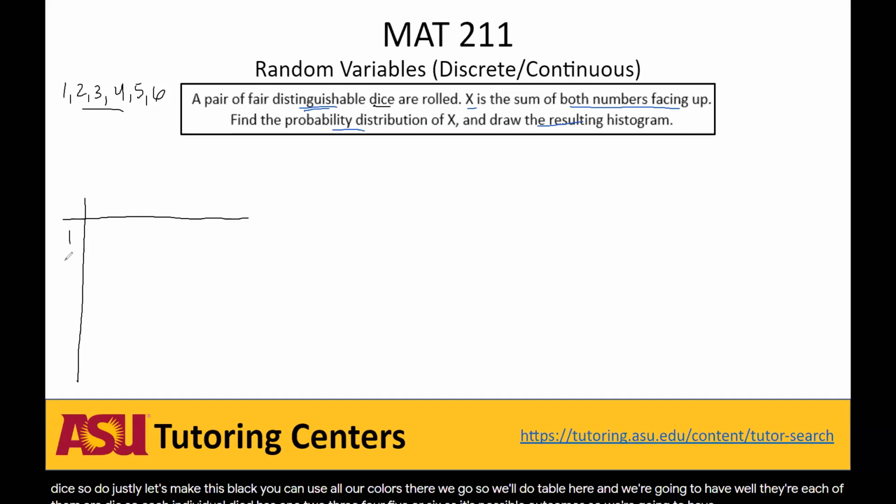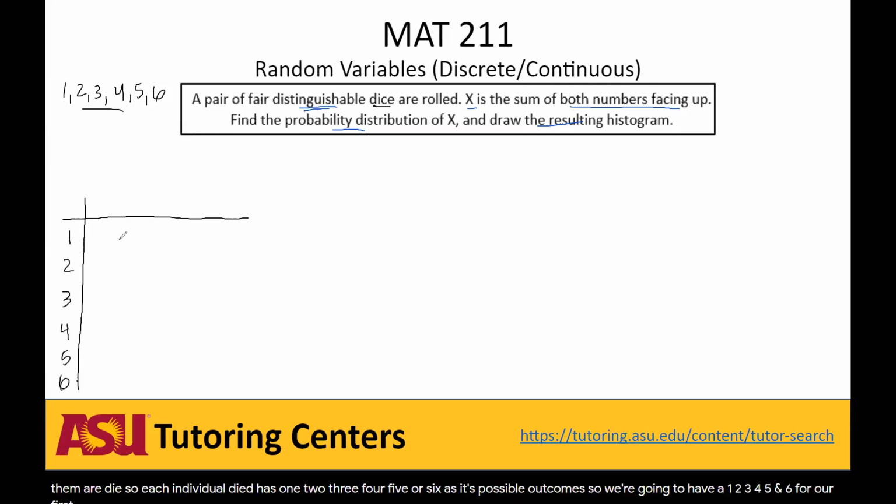So we're going to have 1, 2, 3, 4, 5, and 6 for our first die, and 1, 2, 3, 4, 5, and 6 for our second die. Now we want to put inside this table the different possible values of X from each of these combinations.